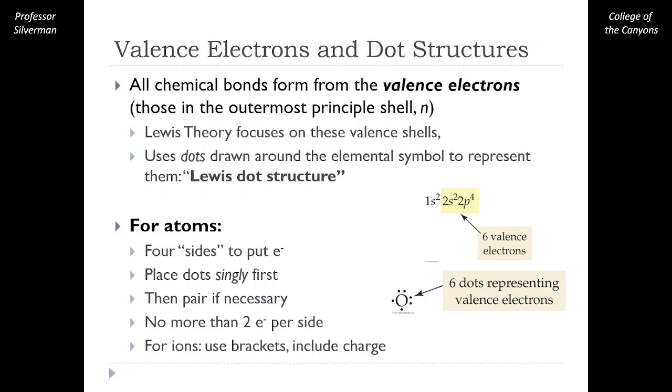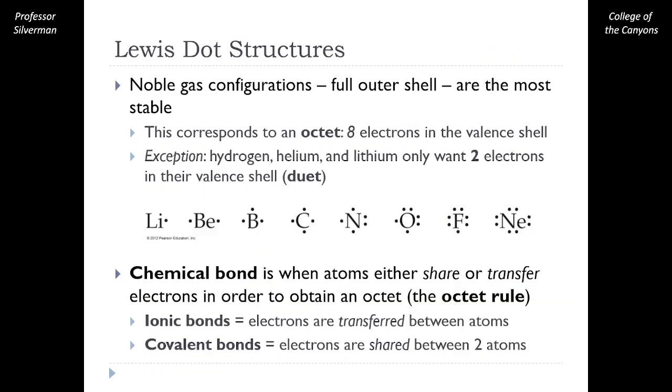For our individual atoms, we have a few rules that we get to follow, and we can see some examples here and on the next slide. We can look at our individual atoms and decide if those atoms are stable or not. In order to be completely stable, our atoms want to have an octet of electrons, 8 valence electrons.